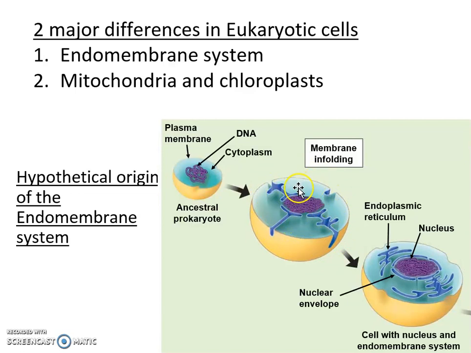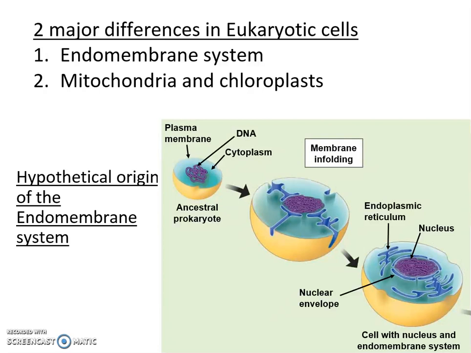And eventually these membrane folds started to go back and forth, and that is a possibility for how we could get this endomembrane system that is surrounding the nucleus. And then remember, things like the endoplasmic reticulum with the smooth and the rough forms are actually continuous with the nuclear envelope. So those would just be some extra folds that developed in the nuclear envelope that allowed the cell to start doing more and more complex processes.